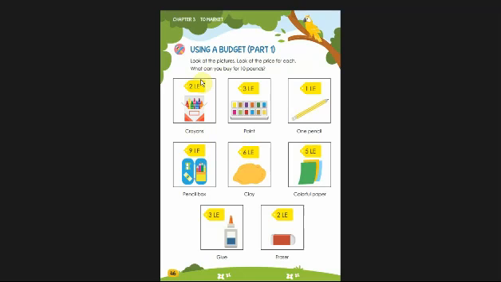So let's read what we're going to do here first. Look at the pictures. Look at the price for each. What can you buy for 10 pounds? So our budget here is 10 pounds. What can we buy from this list that we have here?